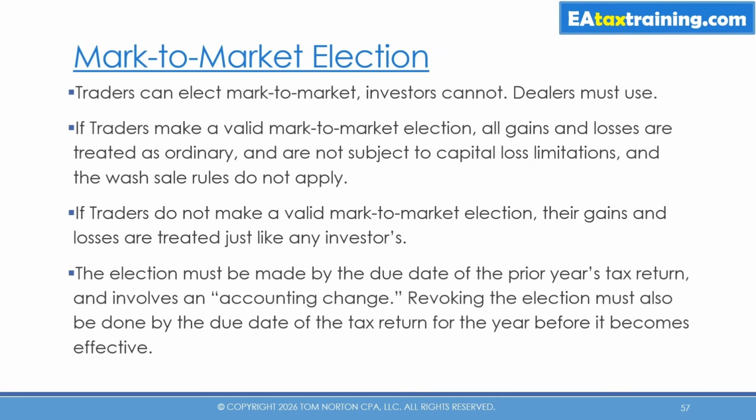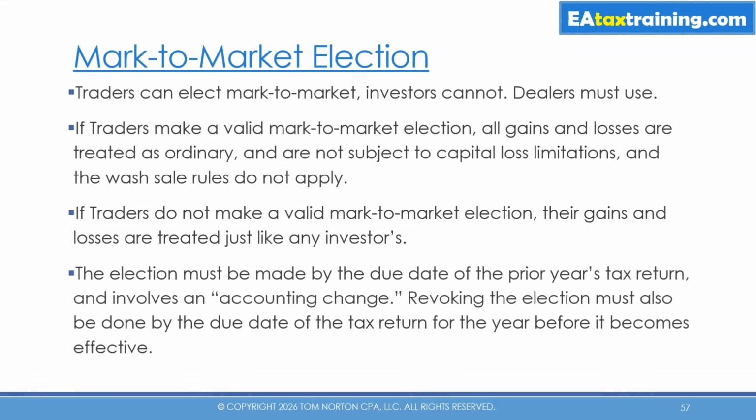If the traders do not make that mark-to-market election, then their gains and losses are treated just like any other investors. So they get capital gains treatment if they're long-term capital gains, and their losses are limited. That election must be made by the due date of the prior year's tax return, and it does involve something called an accounting change that we'll talk about in part 2.